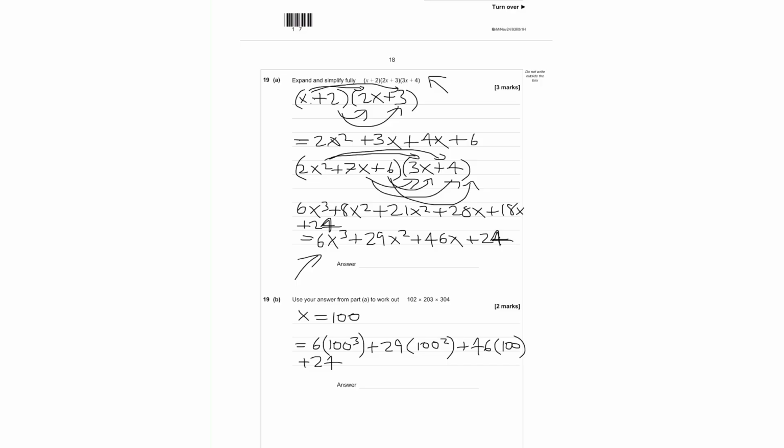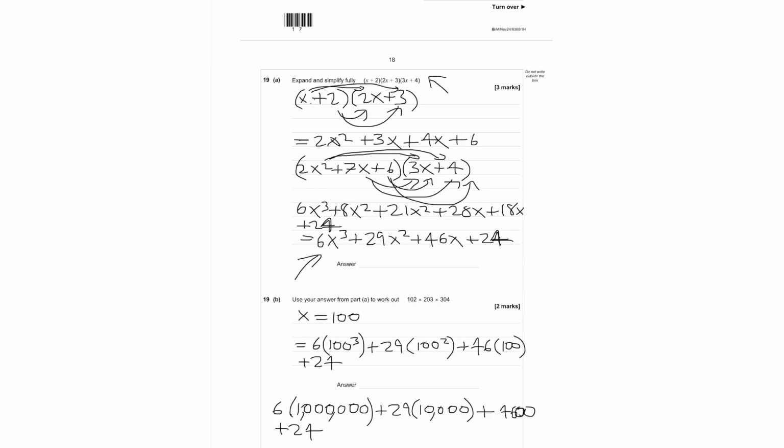And that is going to be equal to, well, 100 cubed is going to be a million, so 6 times a million, plus 29 times 10,000, plus 46 times 100, which is going to be 4,600, plus 24.